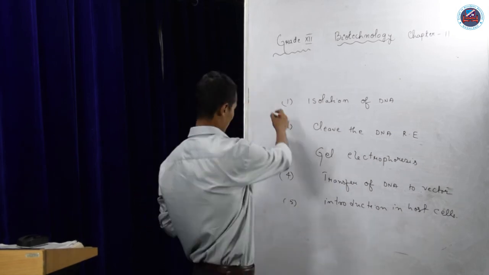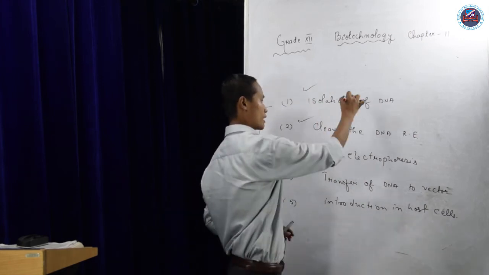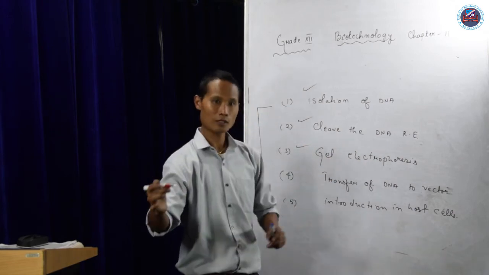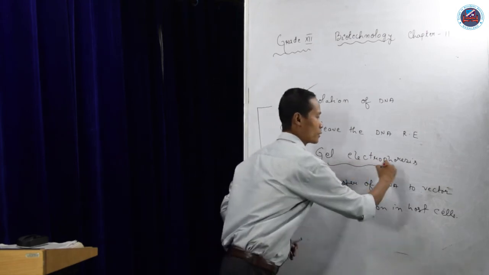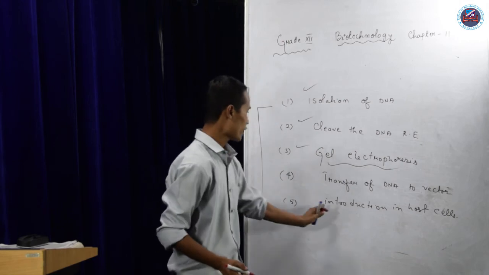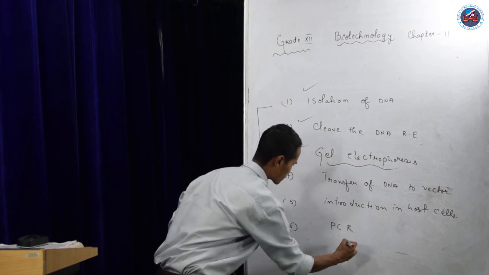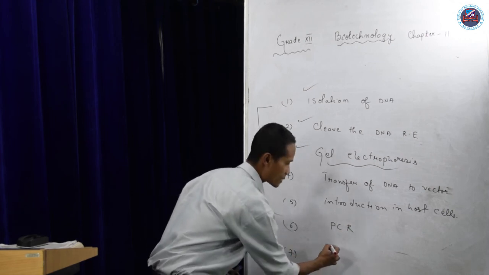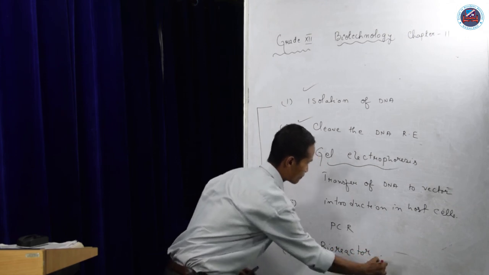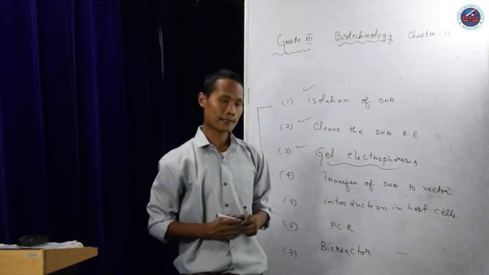But these are the important steps: isolation of DNA, then cleaving of DNA by restriction enzymes, then separating the DNA fragments with the help of gel electrophoresis, then transferring the DNA to the vector, then introduction into the host cells, then we're going to discuss PCR, and then we're going to discuss bioreactors. So these are the topics that we're going to discuss in the next class.